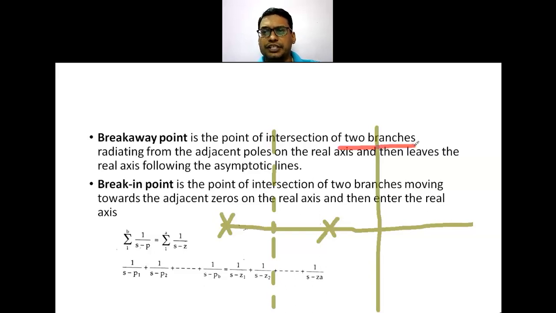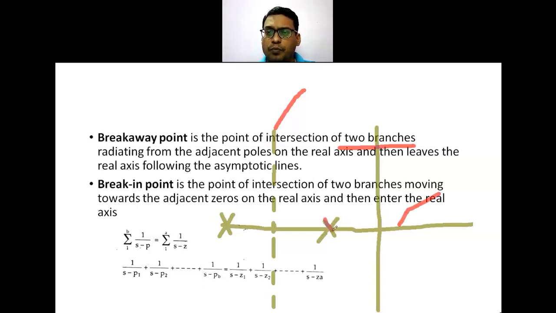Point of intersection of two branches radiating from adjacent poles on the real axis, and then leaving the real axis following the asymptotic lines. These are my asymptotic lines. This is my real axis, and these are my two poles.